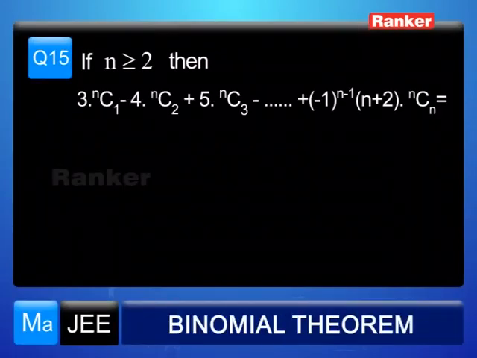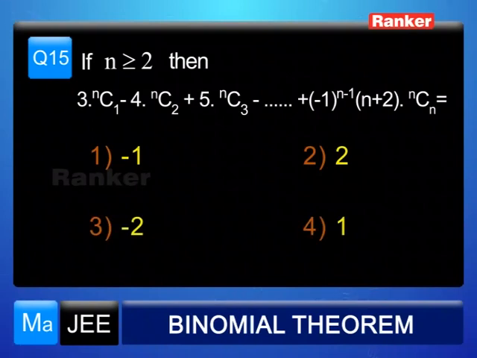Question number 15. If n is greater than or equal to 2, then 3 into NC1 minus 4 into NC2 plus 5 into NC3, so on and so forth, plus minus 1 raised to the power n minus 1 into n plus 2 times NCN is equal to minus 1, 2, minus 2 or 1.